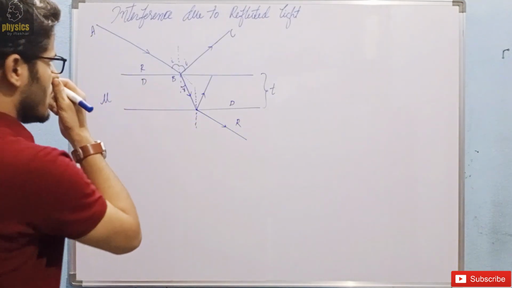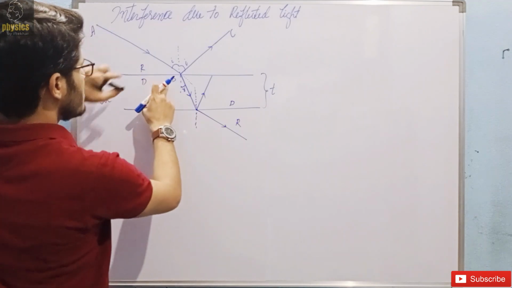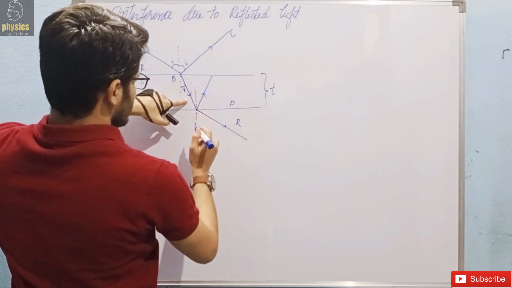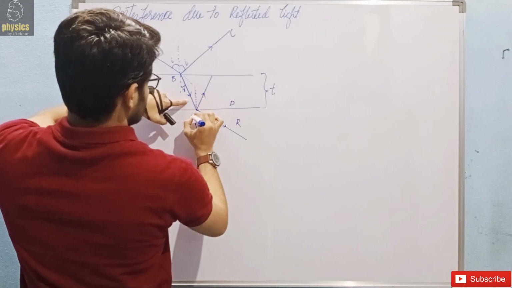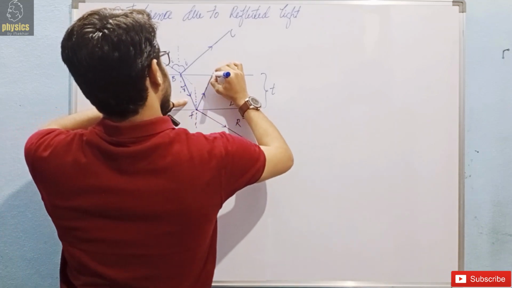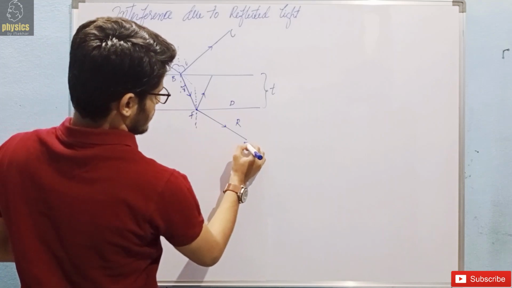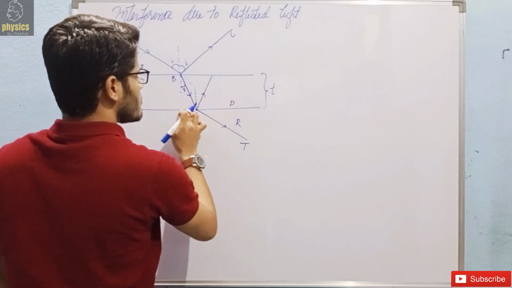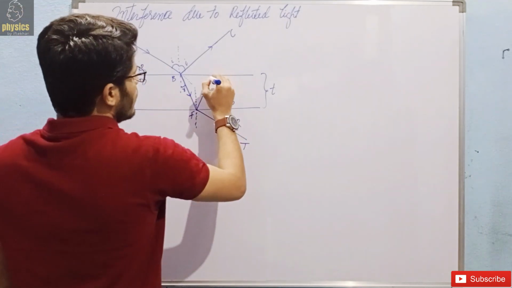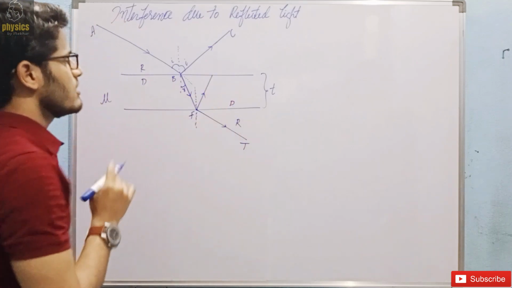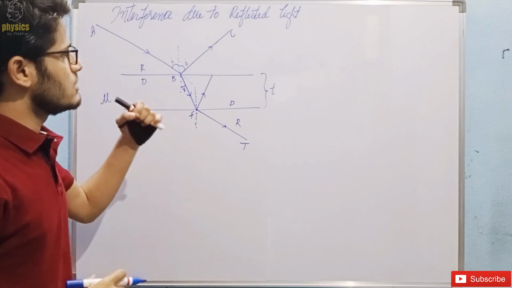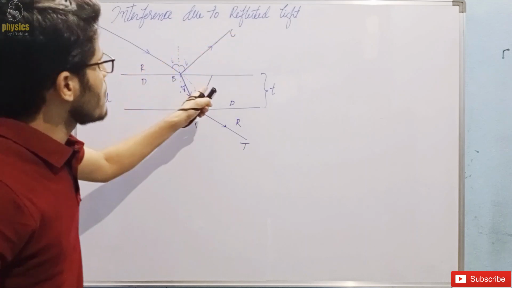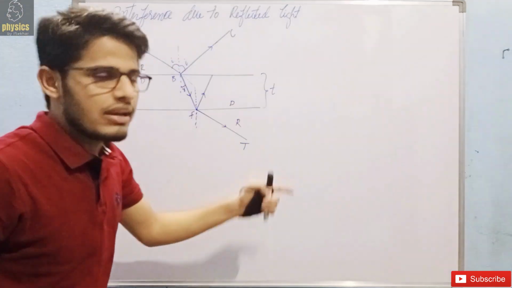So I'm giving names to them. This is my AB as the incident ray, and BC is the reflected ray, and this transmitted ray, here I'm calling it F, and again I'll call this T. This reflected ray from the bottom surface of the thin film will hit the top surface of the thin film, and again the same phenomenon: part of this reflected ray from the bottom will be transmitted, and part of it will again reflect from the top surface.